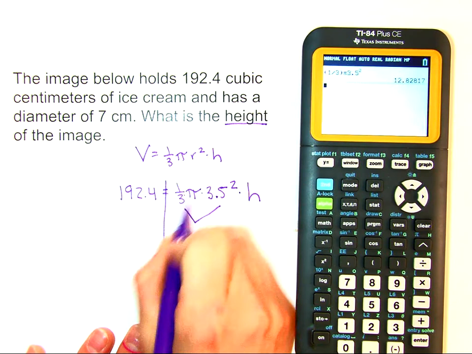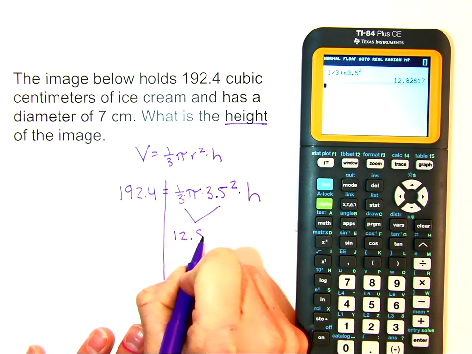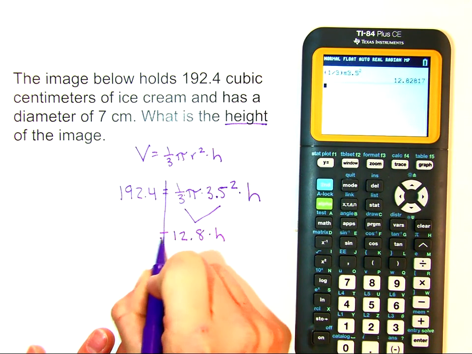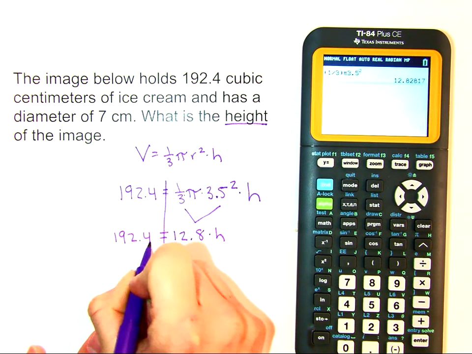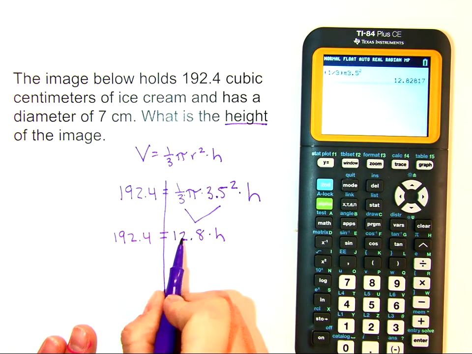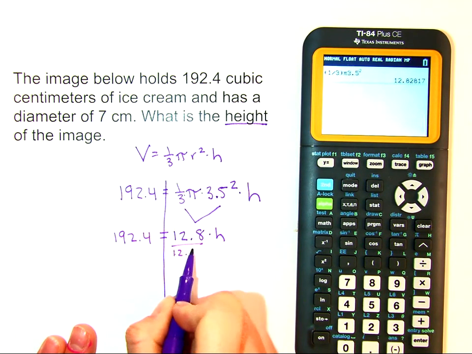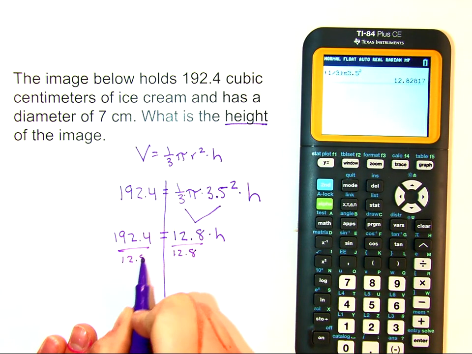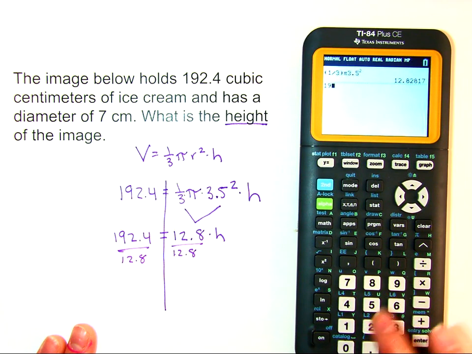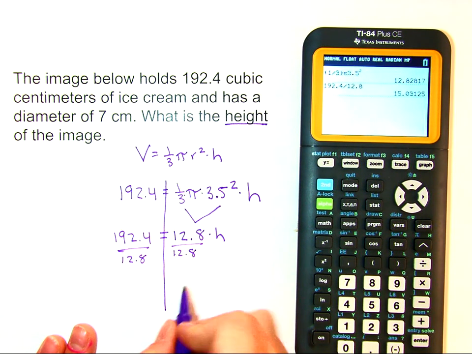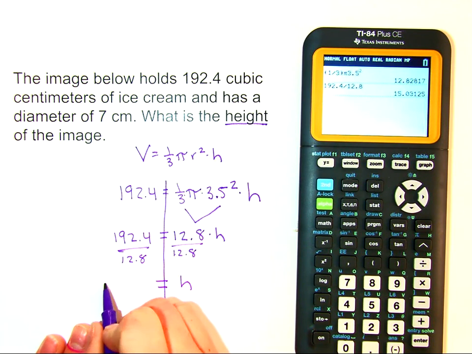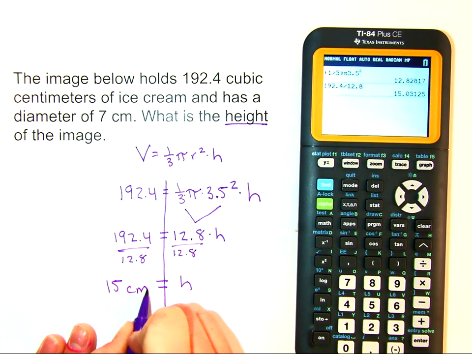All of those simplify to be 12.8 times height, equals 192.4. So since this is being multiplied, the inverse is going to be to divide. So 192.4 divided by 12.8 tells me that the height is equal to approximately 15 centimeters.